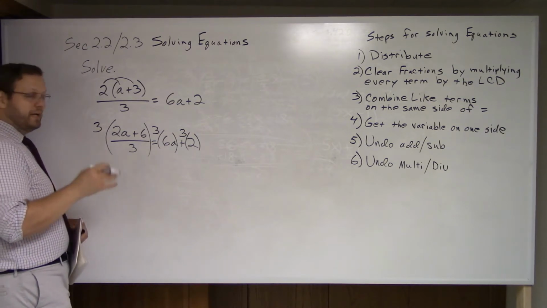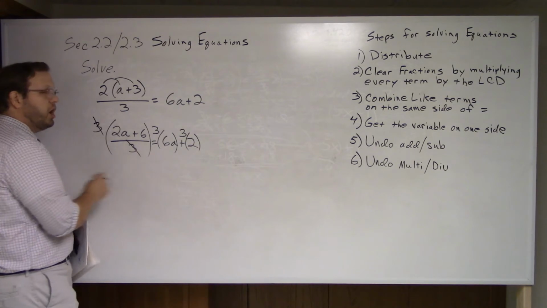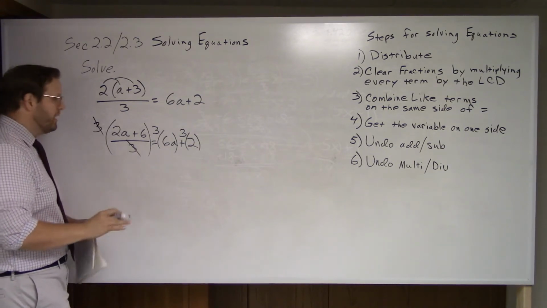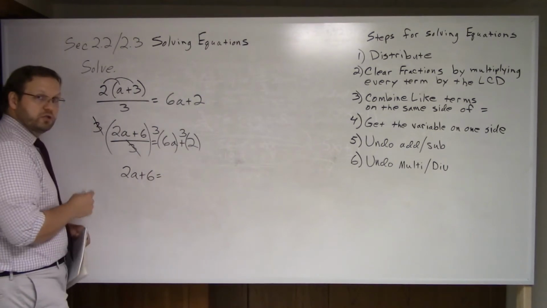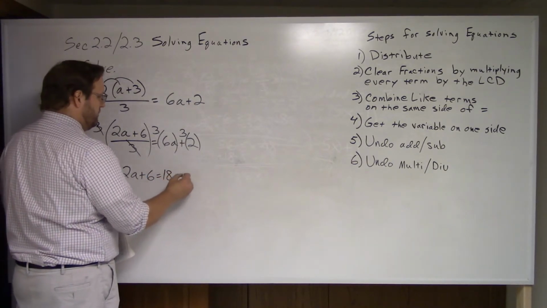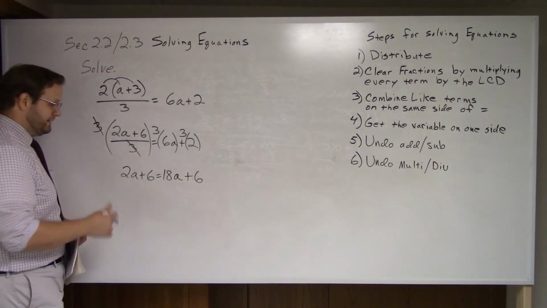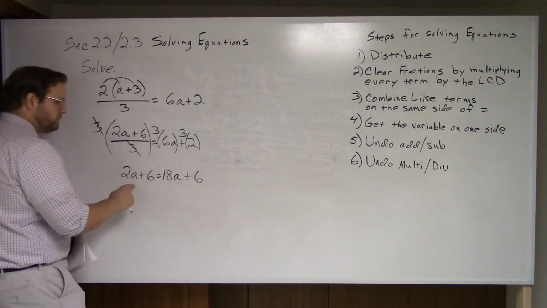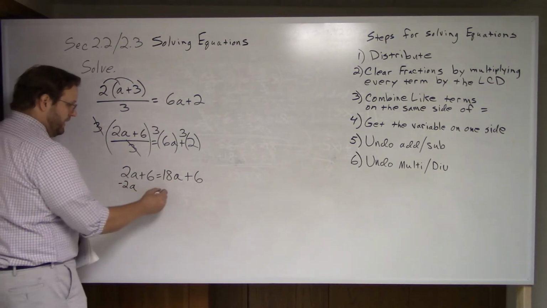Okay? Now, the next thing to do is to reduce that fraction out. These 3's are gone. They wiped each other out. This just carries down. There's nothing left to distribute. Then we've got 18a plus 6. Next, we are going to get the variable on one side. I'm going to subtract 2a.